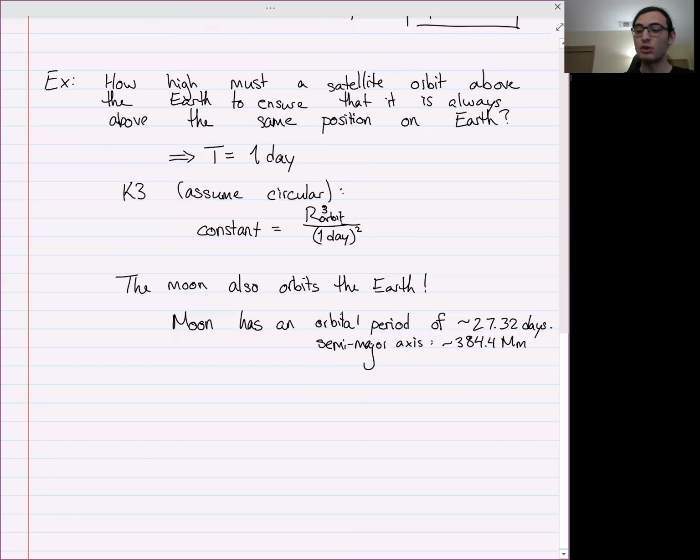So we can use both those data to figure out what the constant is. So that would imply that 384.4 megameters cubed, which is a huge number, by the way, divided by 27.32 days squared, this should be equal to the constant.